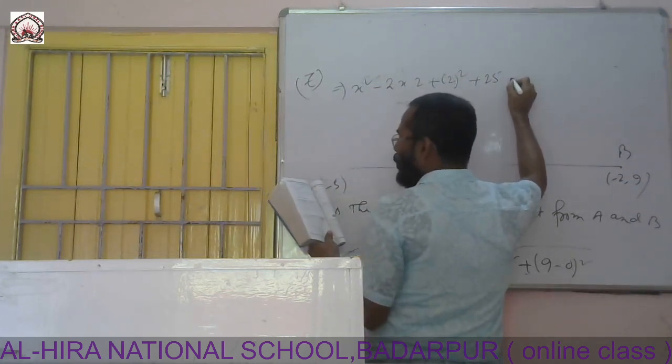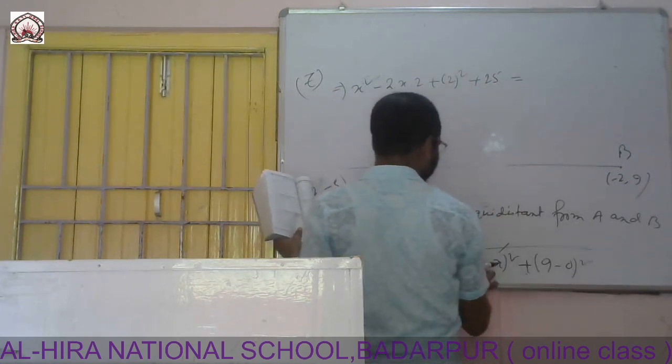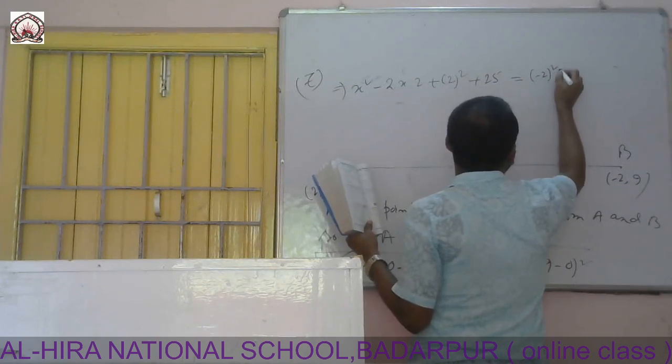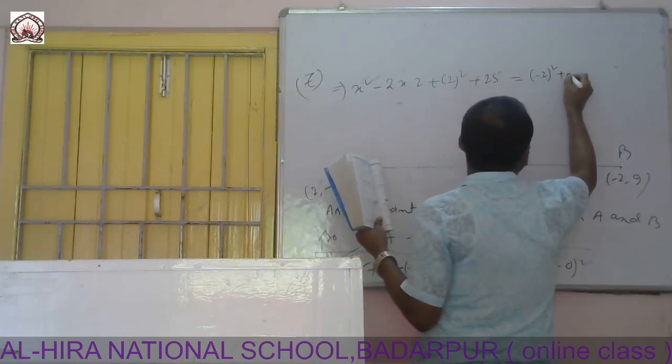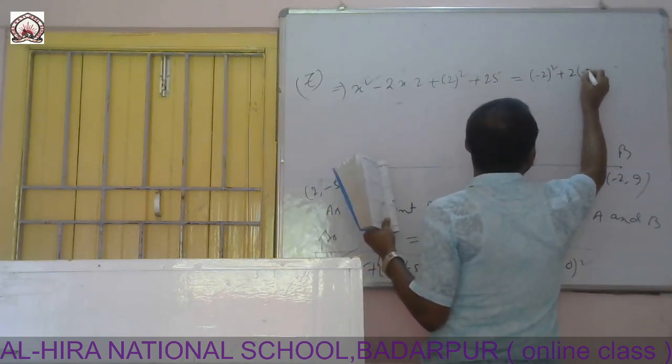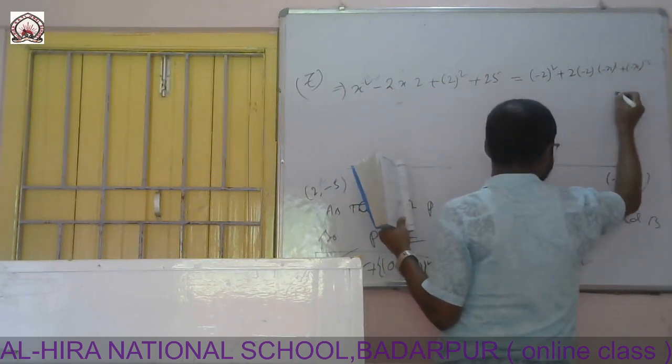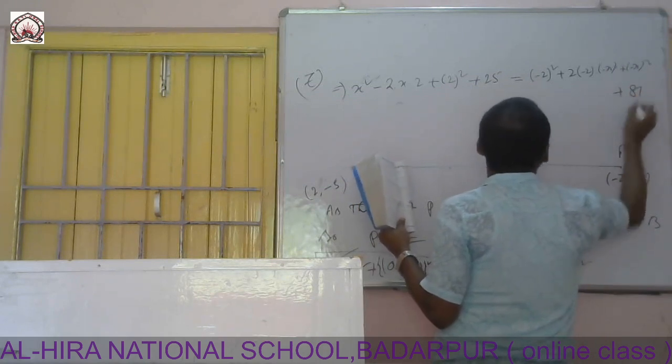Then this one will be (minus 2 minus x) whole square, that is (-2) whole square plus 2 into (-2)(-x) plus x whole square, plus 9 whole square is 81.